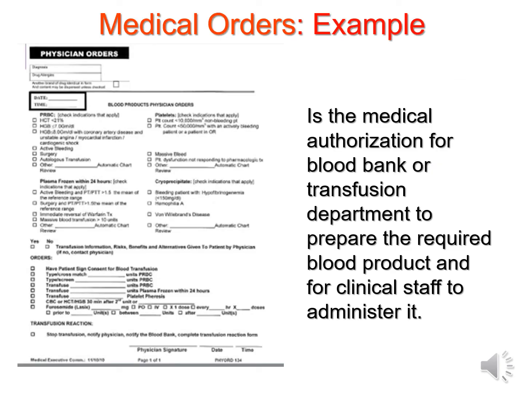This is an example of a medical order, and every organisation will have their own. However, medical orders basically are the medical authorisation for the blood bank or the transfusion department to prepare the required blood product and for clinical staff to administer it.